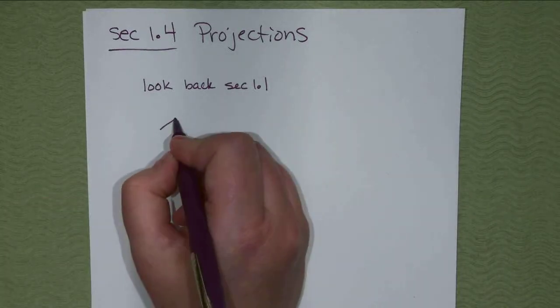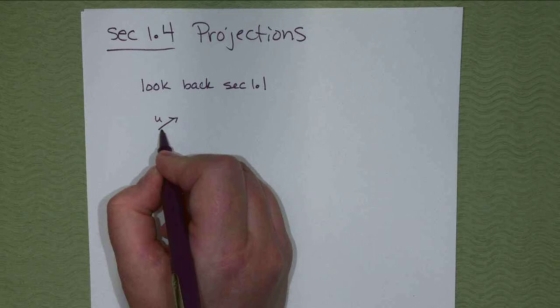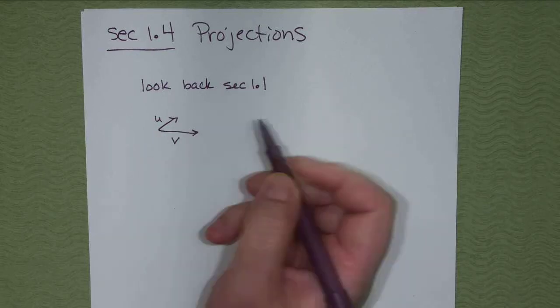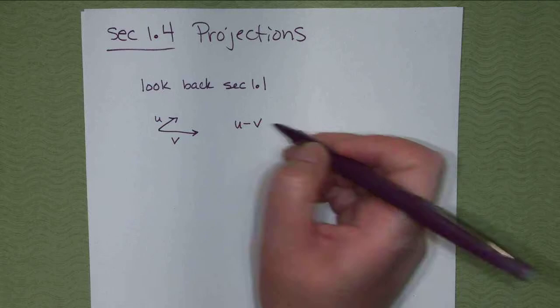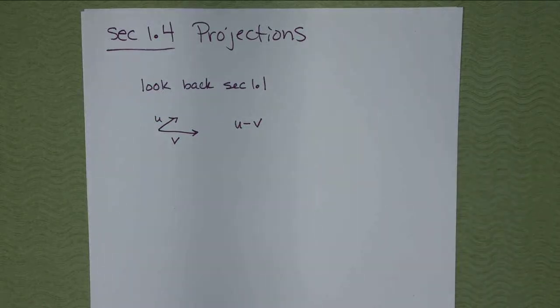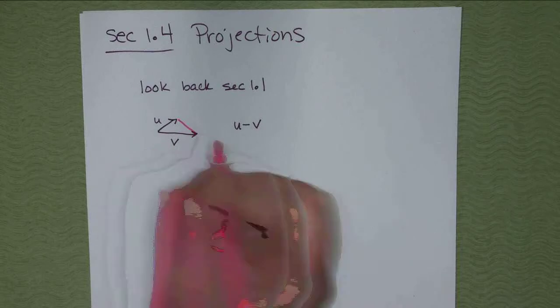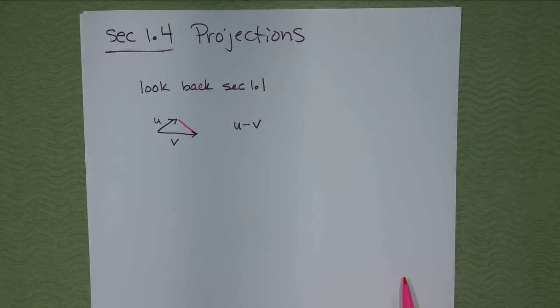So if we had u and v, and we did u minus v, okay, where is that vector? It forms a triangle, but which direction does it point? That's the important part. It does form the triangle right here, but we need for section 1.4 to know which way the arrow points.